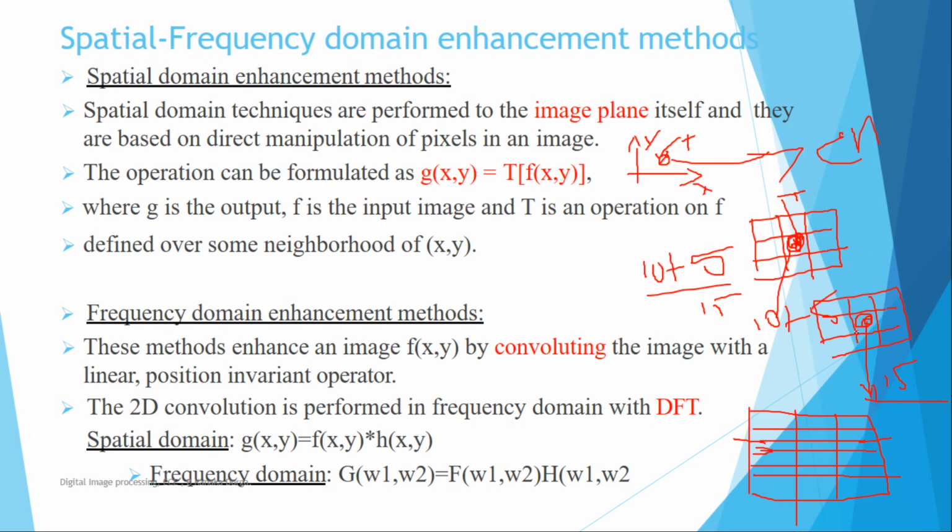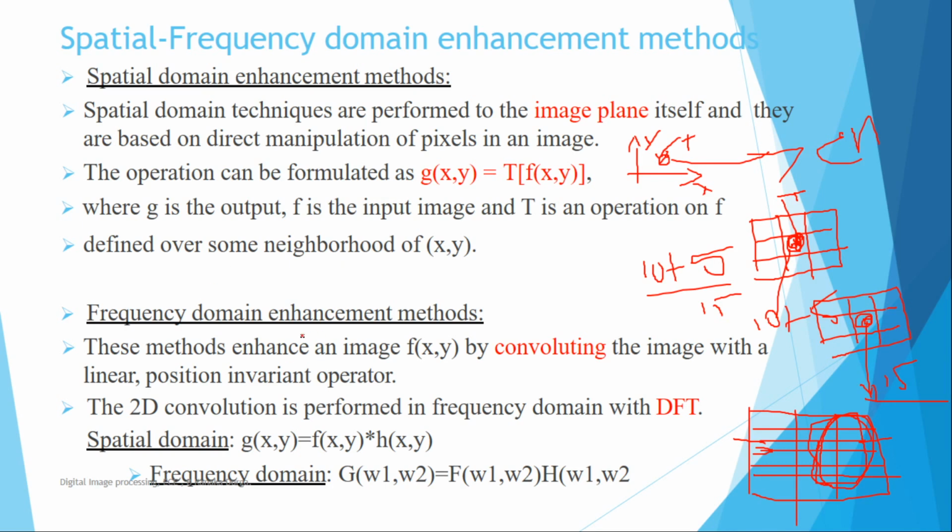In this first example, I have taken a single pixel. Suppose I want to do the manipulations by considering a group of pixels like this. By considering a group of pixels we can also do the enhancement process, that we are going to call a mask, we will discuss. That type we are going to call a neighborhood enhancement process.